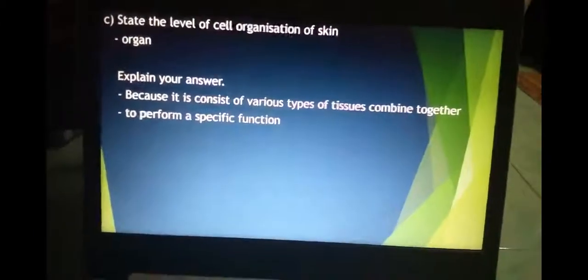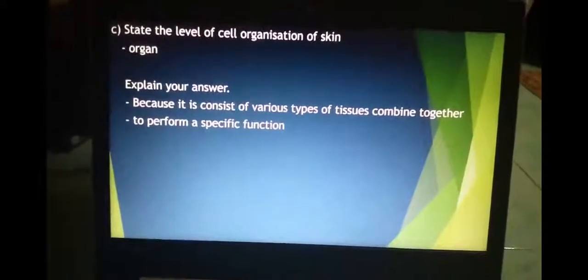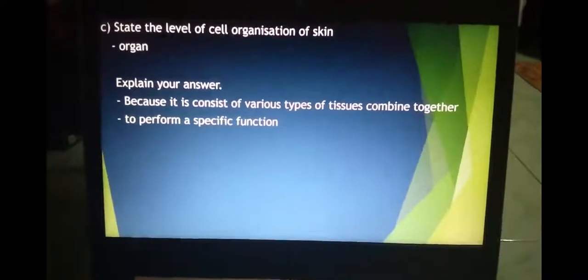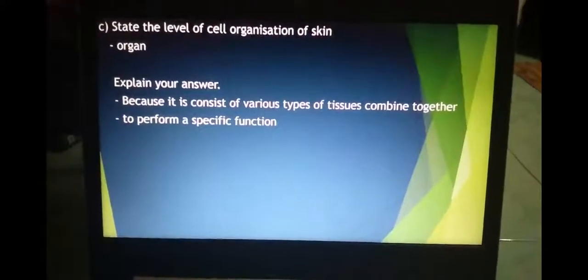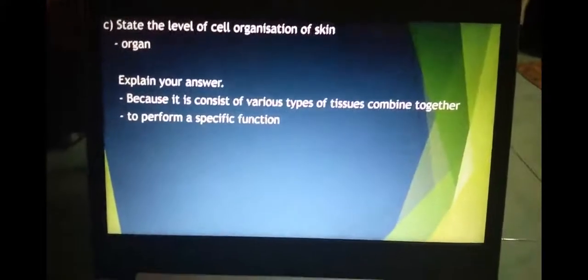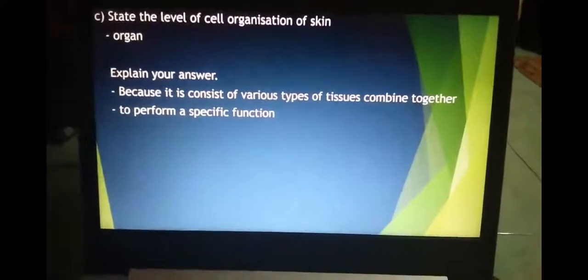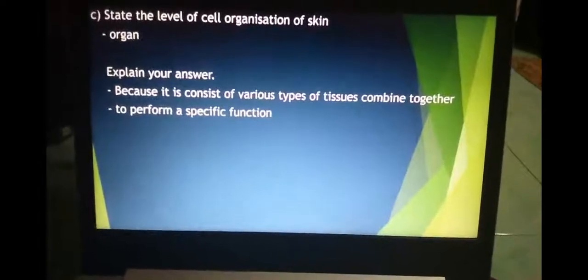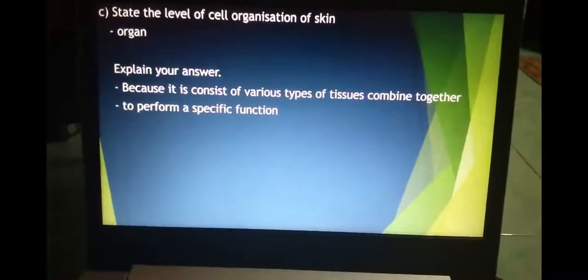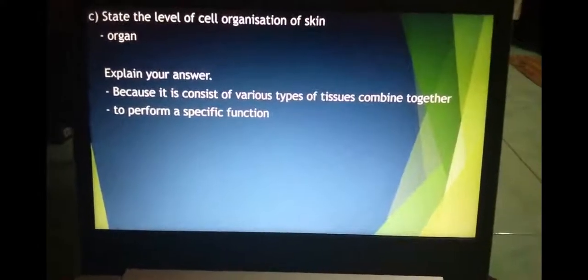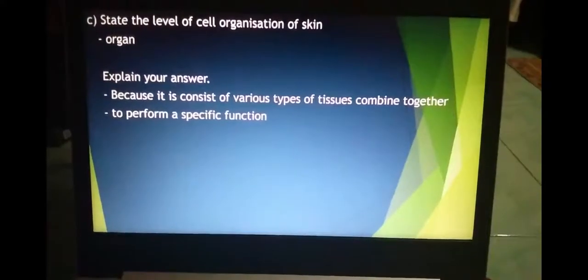Then we move to question C. State the level of cell organization of the skin. The skin contains various types of tissue, so the answer is organ. And explain your answer. My first point is because the skin consists of various types of tissue combined together.